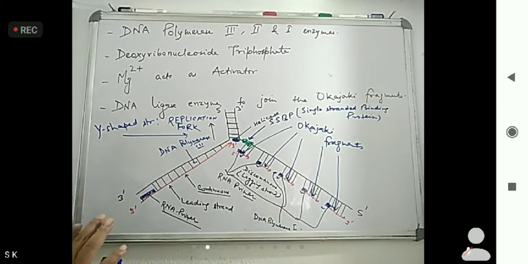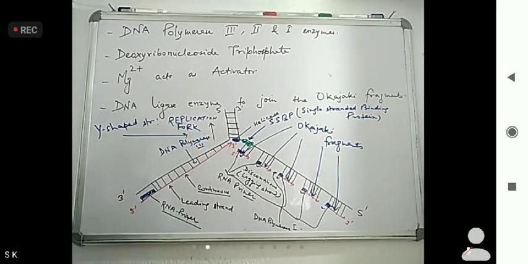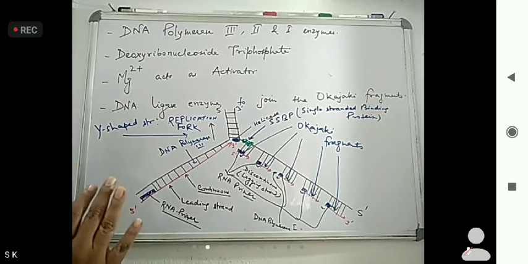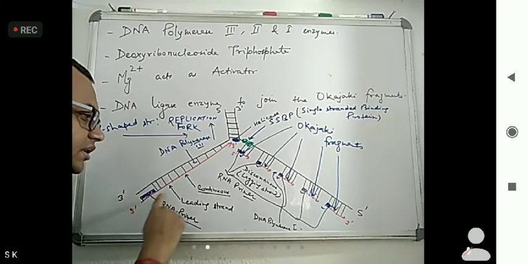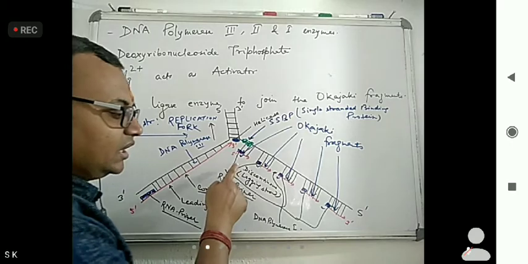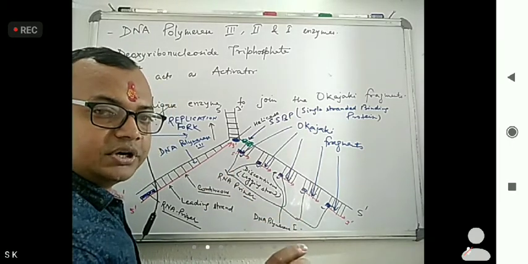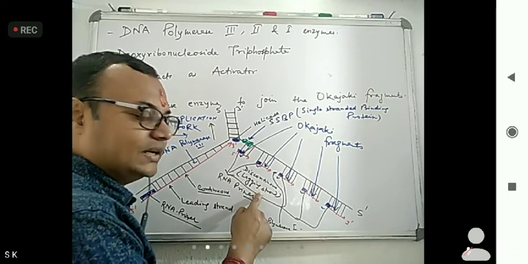Now we have to go inside with the help of the theoretical portion. This is what you understand diagrammatically, how replication starts. Now you have to understand that the continuously formed newly daughter DNA is known as the leading strand. The discontinuously formed newly formed DNA is known as the lagging strand.